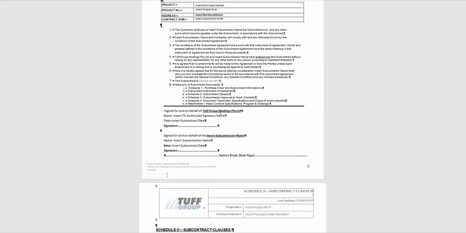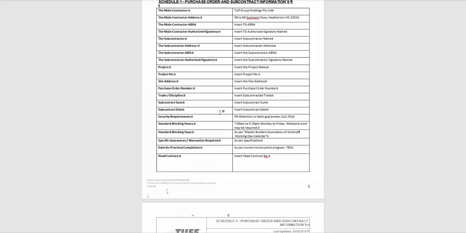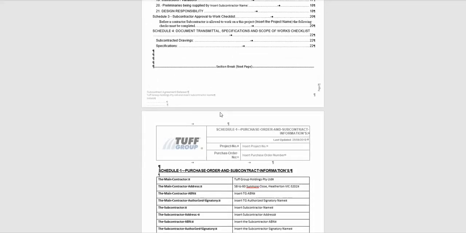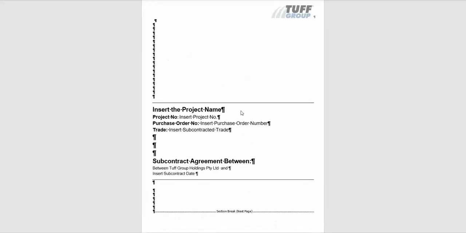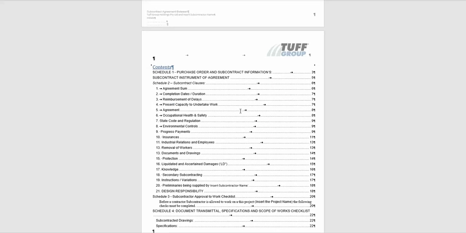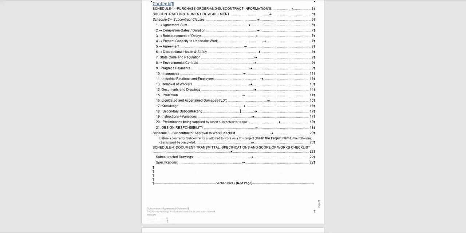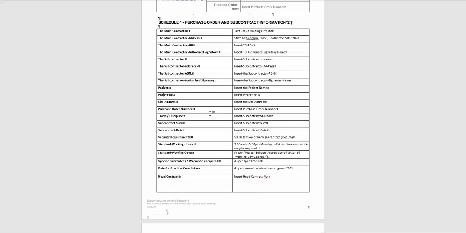Now, the next step will be identifying the workflow for contract administration within Tuff Group, which will indicate the boundaries or the limits for purchase orders that has to be accompanied with this subcontract form.